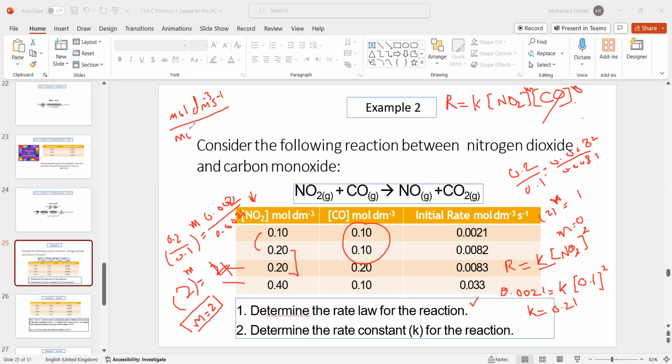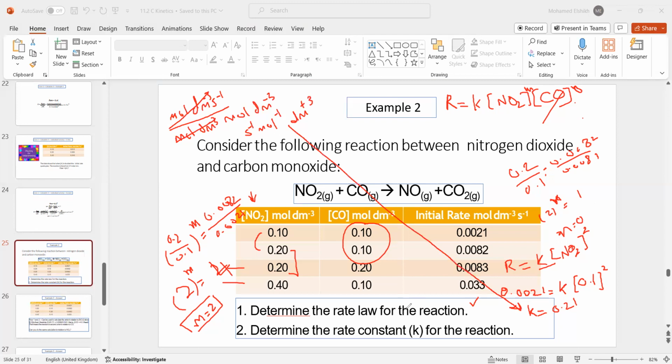That means mole per decimeter cube, squared. So the decimeter cube cancels out part of the decimeter cube, and therefore the final answer will be s to the minus 1, mole to the minus 1, decimeter to the plus 3. This unit belongs to this number.